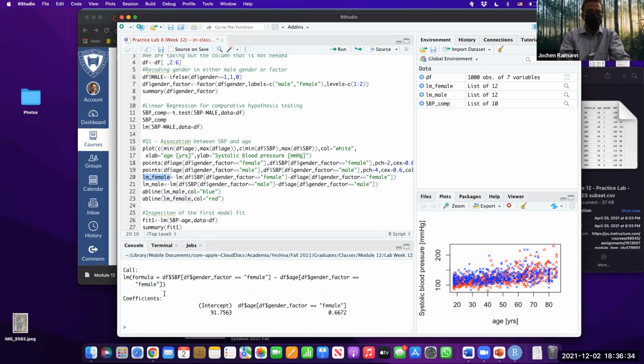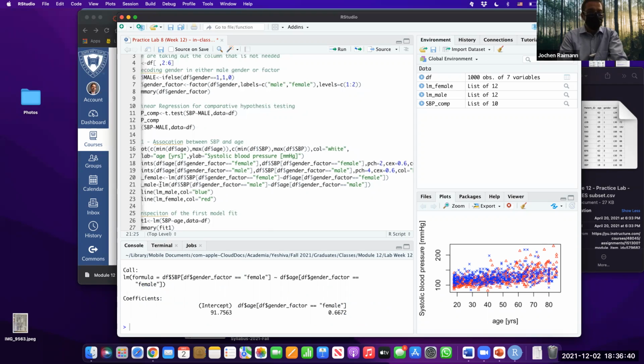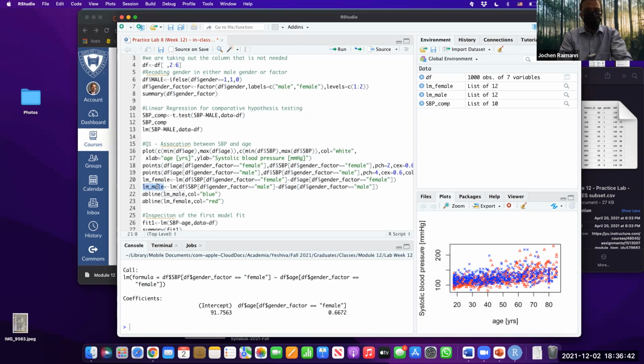When you look at that regression, you have a slope of 0.6672, whereas when you look at the male model, your slope is 0.3332. So the difference is that males have higher blood pressures, but the association with age is smaller than it is for females.